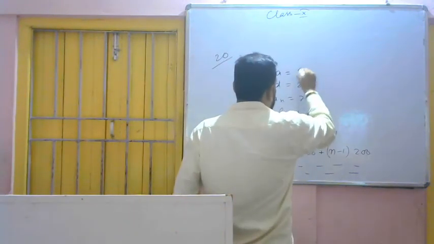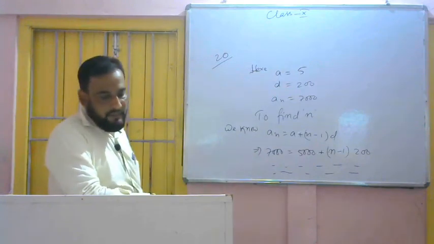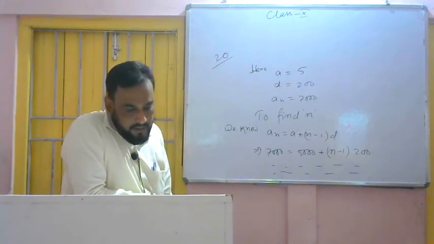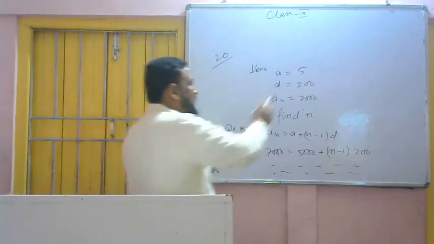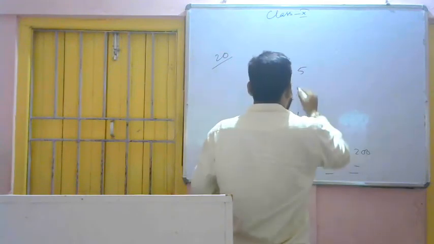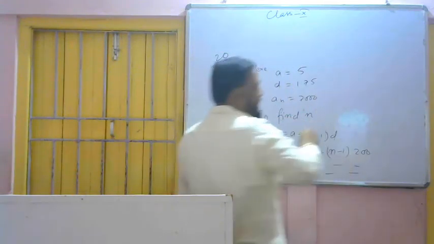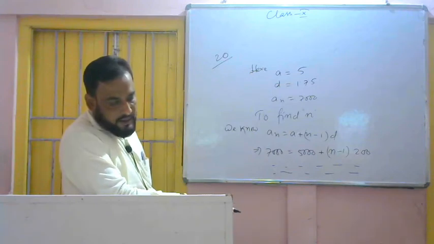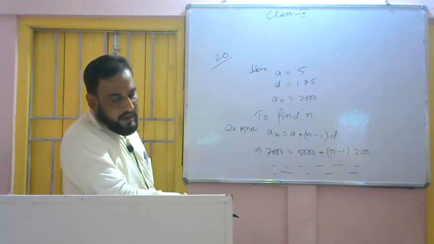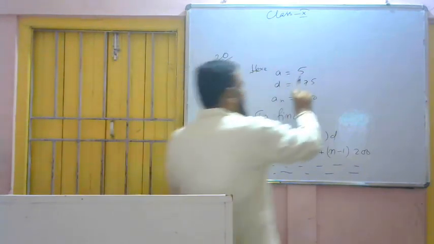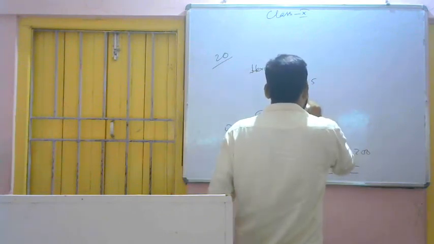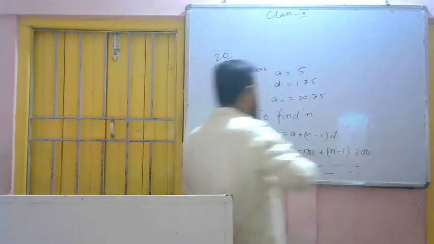So here A is equal to 5, and the weekly increase is 1.75, so this is the common difference, and in the nth week his weekly savings become rupees 20.75. So AN is equal to 20.75.